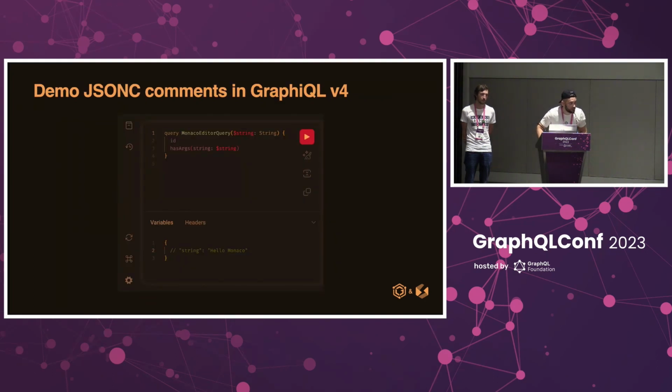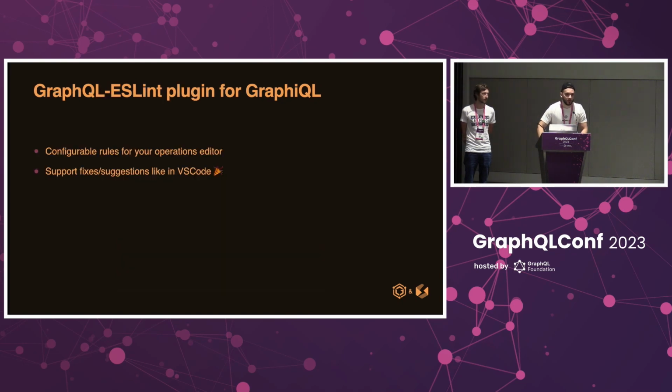Here is a little demo. I show you that you could use it. With it, I also have the idea of integrating GraphQL ESLint as a plugin for GraphiQL. You will ask me why. I will respond: to fix your validation errors, to have a customizable way of enabling rules for your operations.